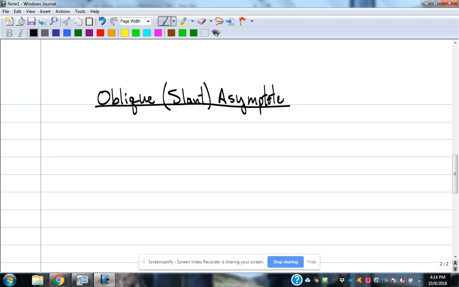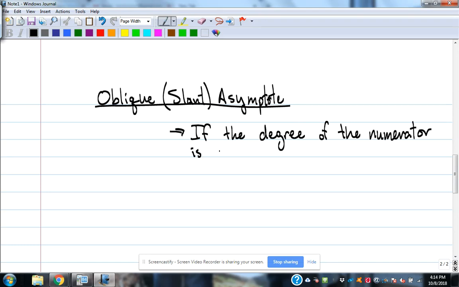The reason being that there are rules for when you have horizontal asymptotes and when you have oblique asymptotes. Oblique asymptotes only occur if the degree of the numerator is one more than the degree of the denominator.